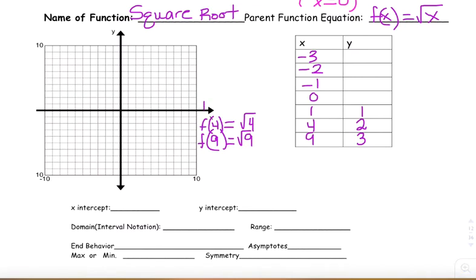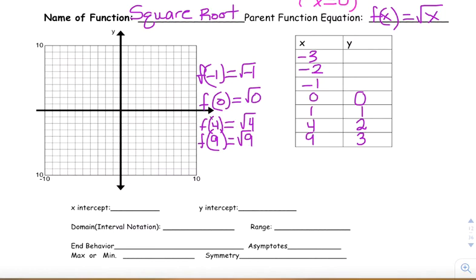Let's back up to 0. F of 0, square root of 0 means what times itself gives you 0, so the answer is 0. And then back up one more step. So let's see what happens with this, f of negative 1. This is asking what times itself gives you a negative 1. Well, think about it. If you take two positives and you multiply them together, you're going to get a positive.